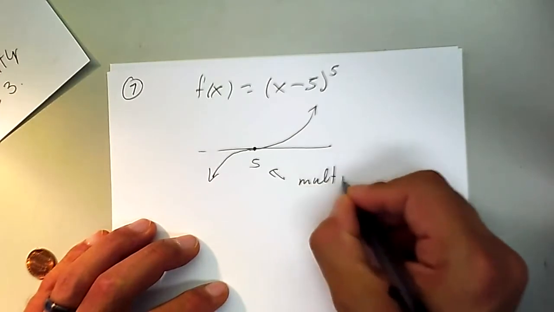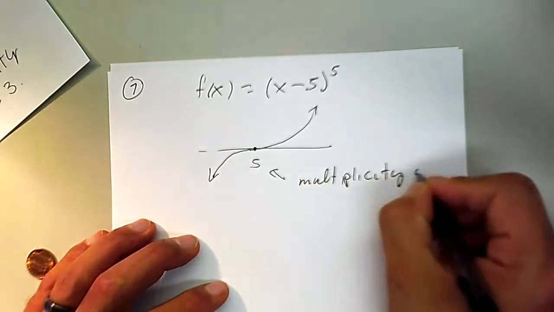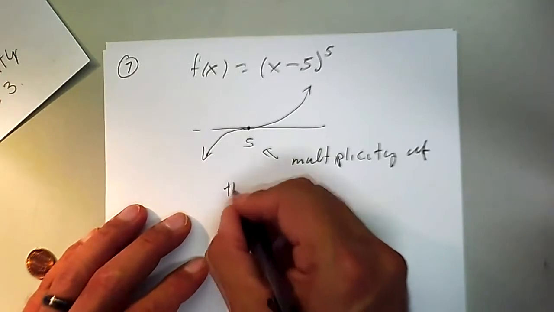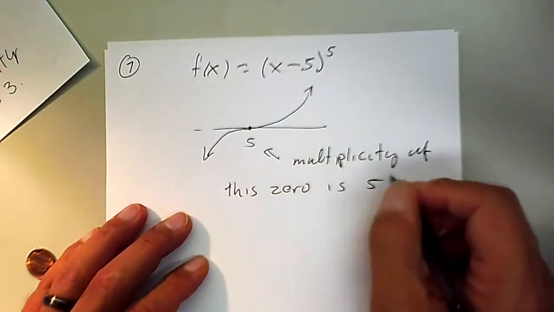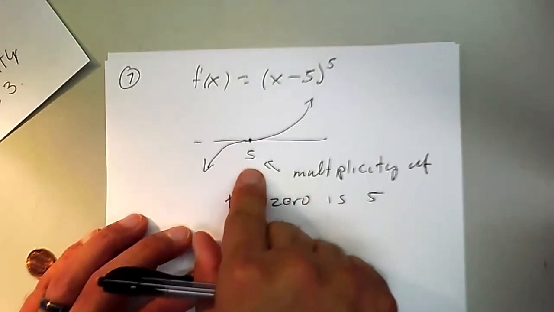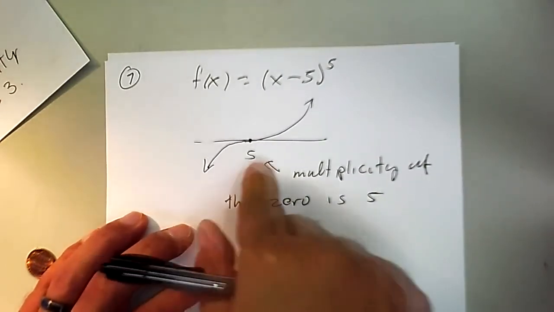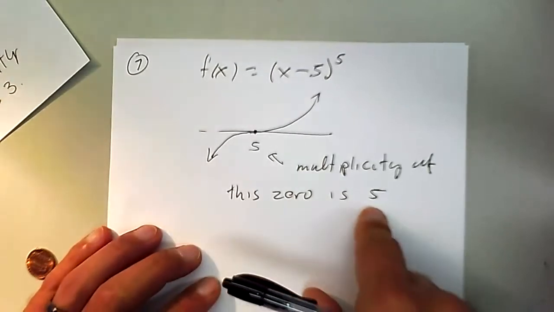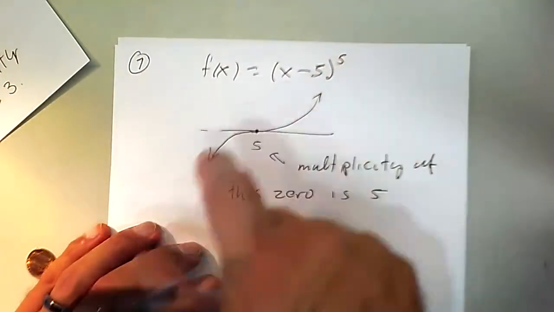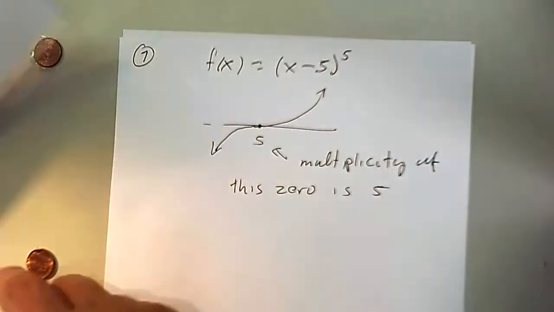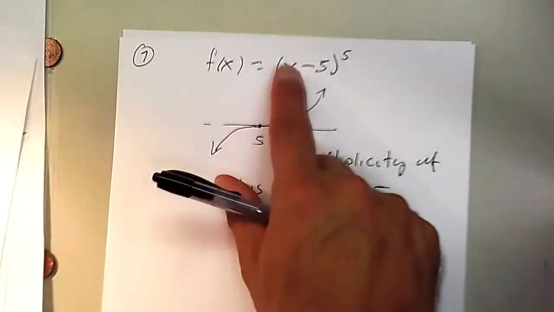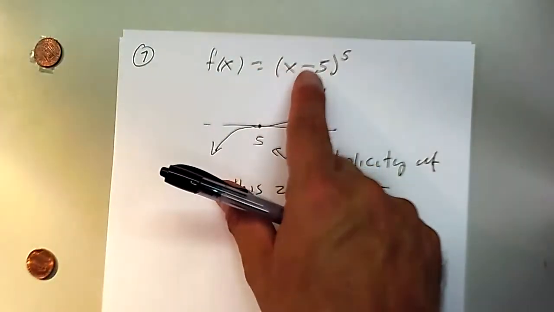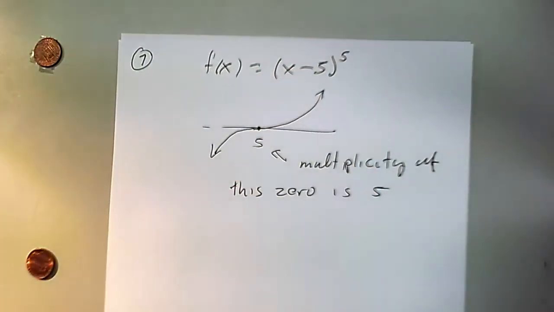So the multiplicity of this zero is 5. Now this zero is 5. That's a little confusing. And its multiplicity is 5 as well. Yeah, that's kind of confusing that we're using the same number. The exponent gives us the multiplicity, and 5, what causes this to be zero, is the zero itself.